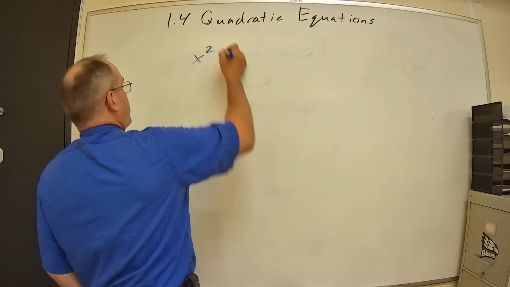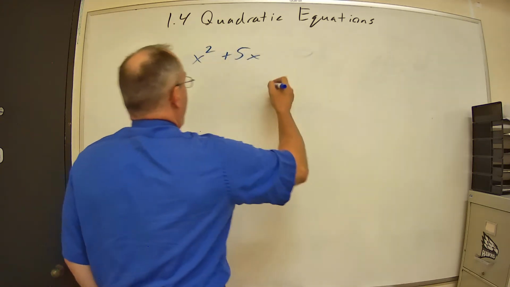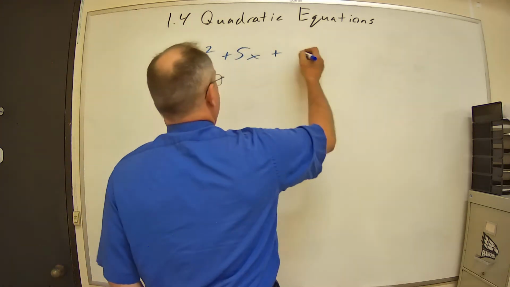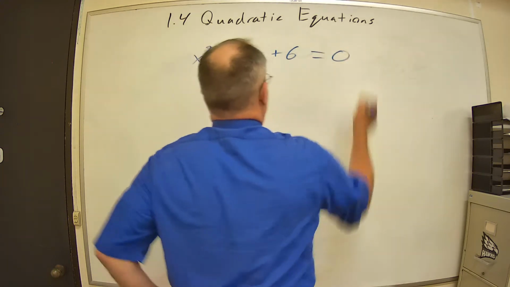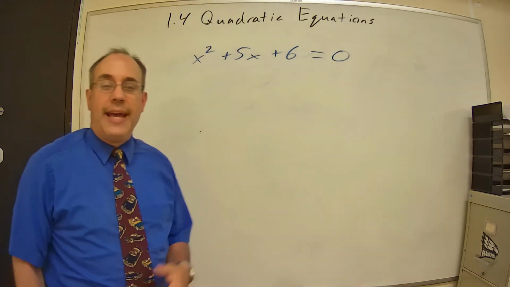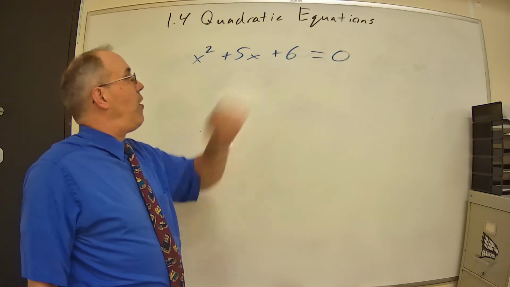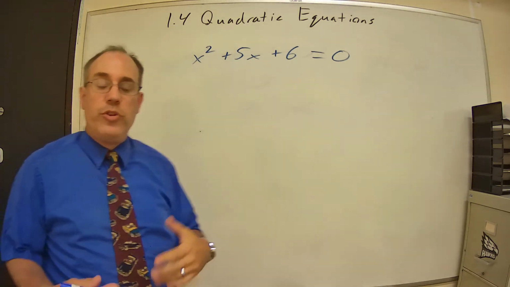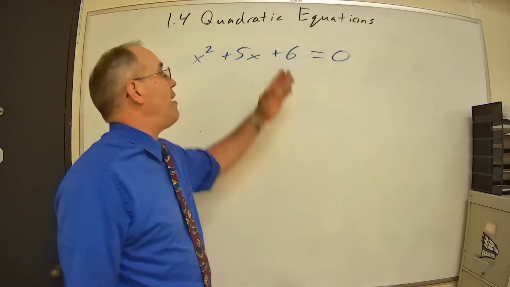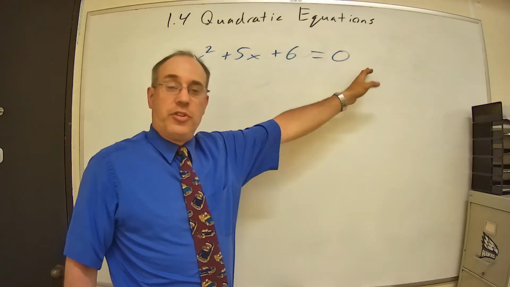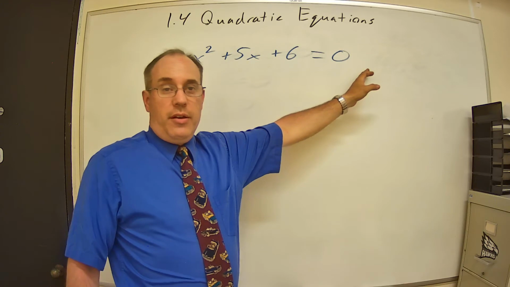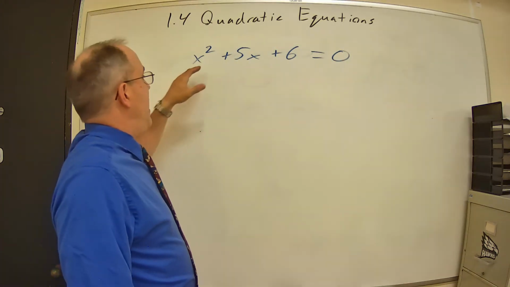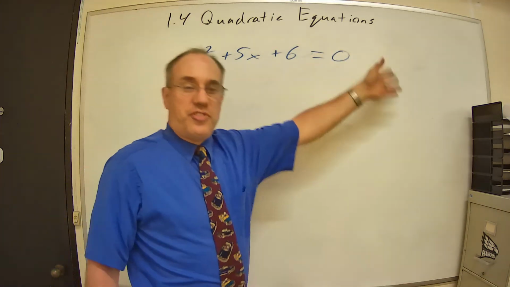So if I have x squared plus 5x plus 6 is equal to 0, and I want to solve this quadratic equation, I can factor this side. Now realize when you're factoring quadratic equations, you have to have one side of the equation equal to 0. You can't factor x squared plus 5x equal to 6.